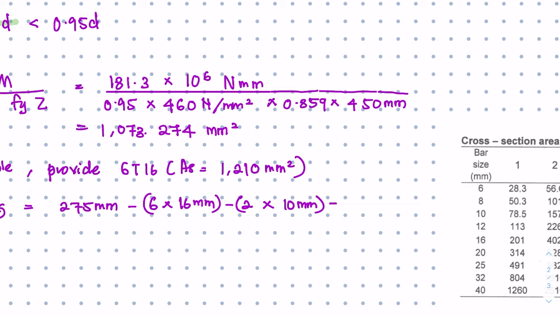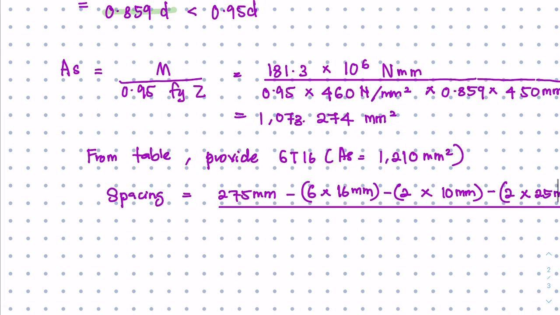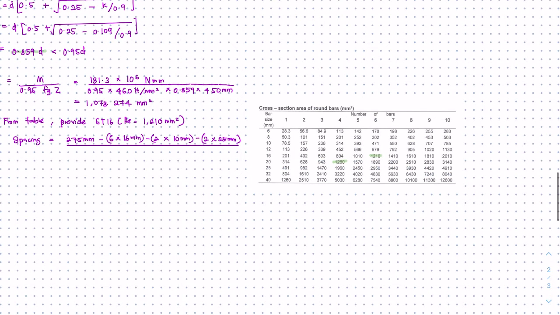And minus 2 sides of concrete cover. Then we divide it by the total number of bars, number of bars minus 1, because we are not doing stacking. So we assume the beam like this: 1, 2, 3, 4, 5, 6.